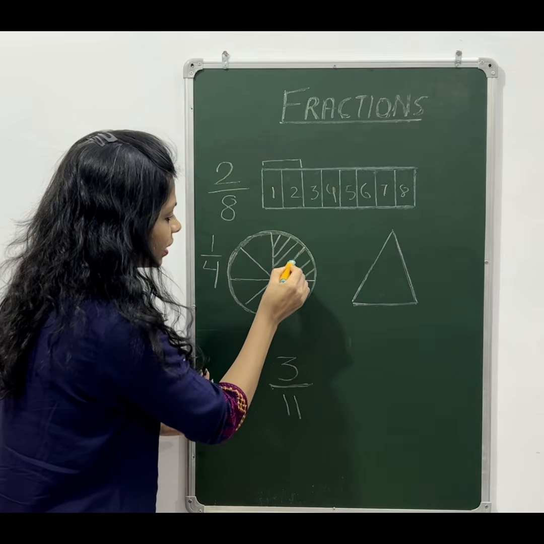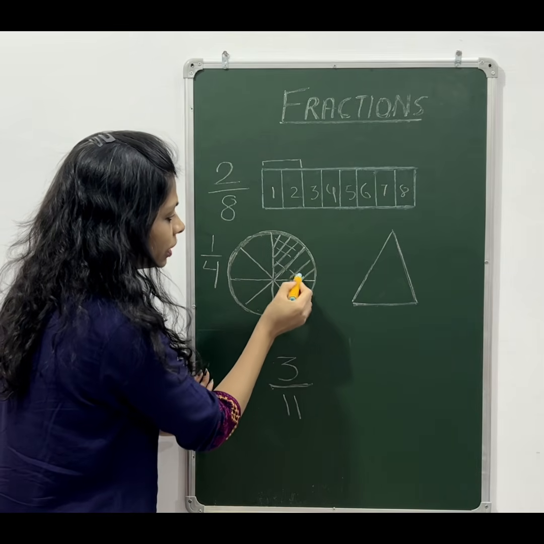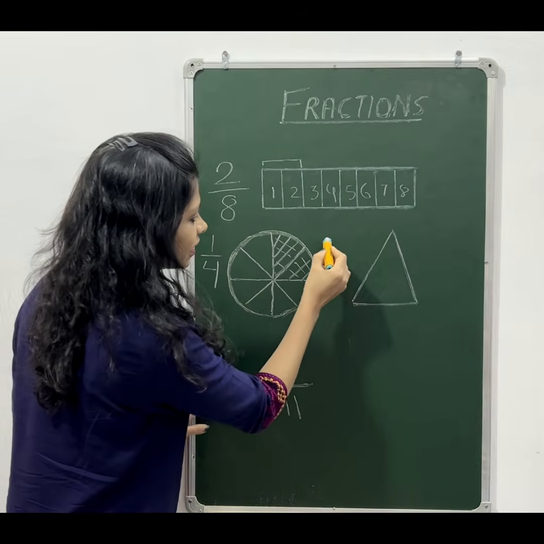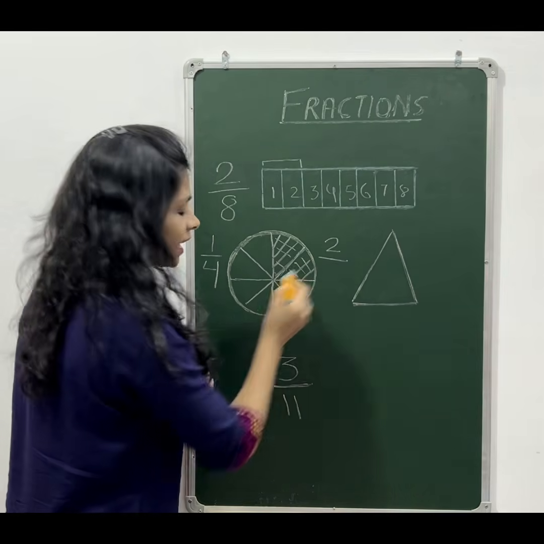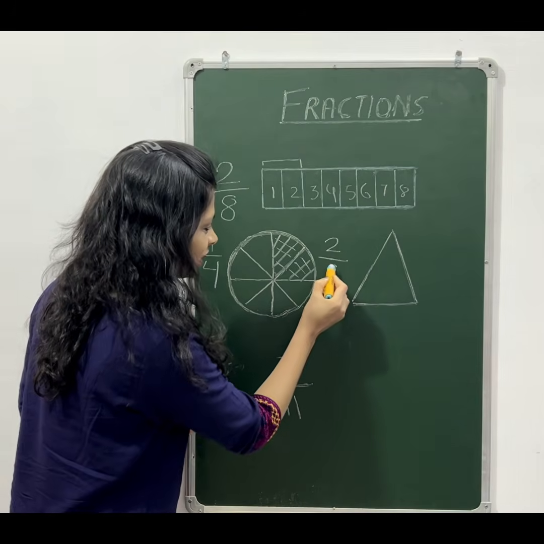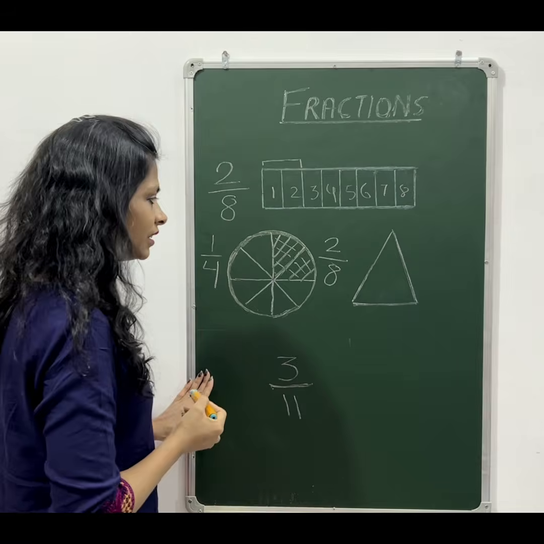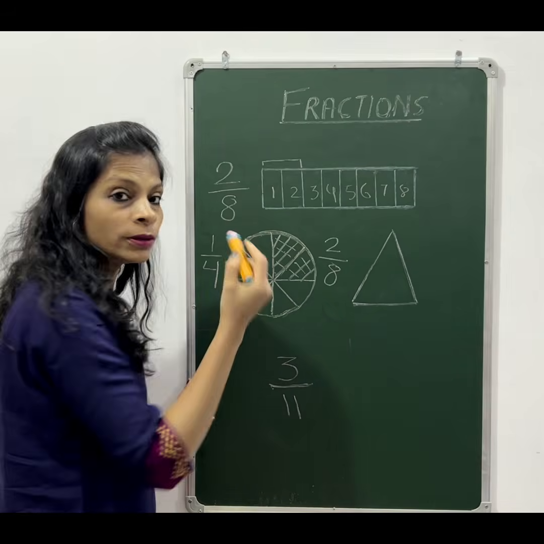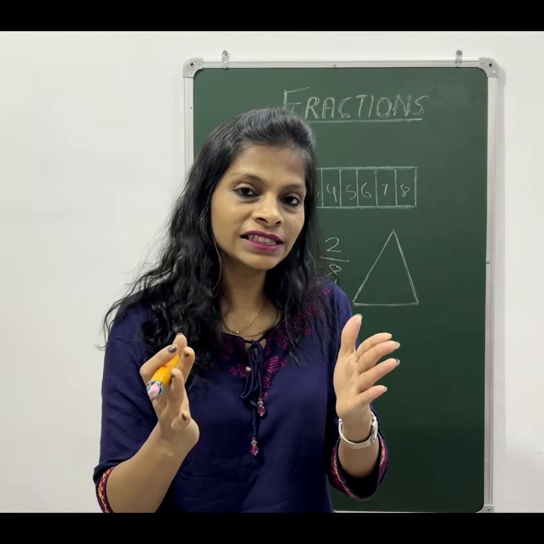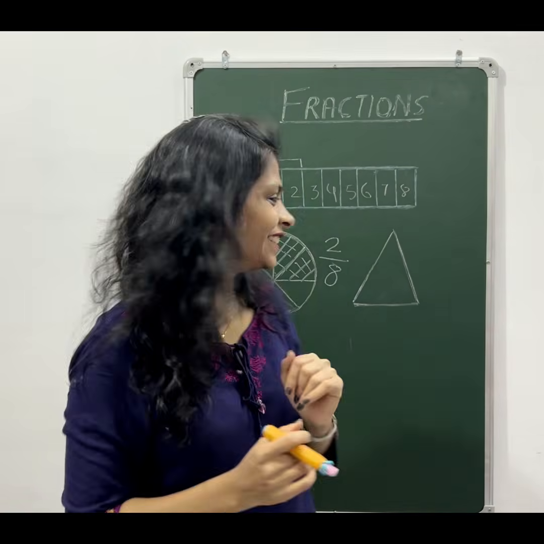Now the number of shaded slices is how many? Right, 2. And the total number of slices? Correct, 8. So these 2 slices would be represented as 2 slices out of the total 8 slices.